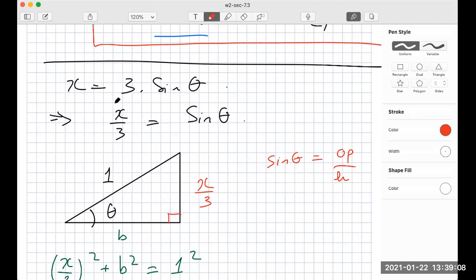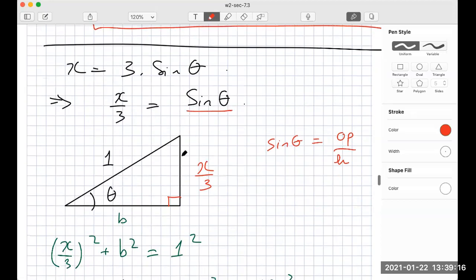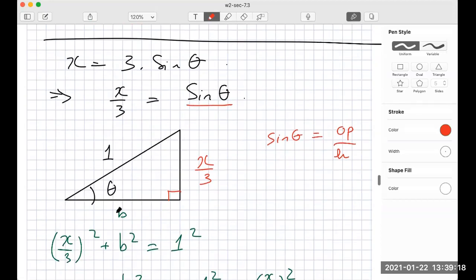Therefore, the relation between x and theta can be written as this one. We know that sine theta is x over 3. Suppose we have a special triangle whose hypotenuse is 1. Then sine theta is this angle, for example, and the length of this edge will be x over 3, because of this relation. Is it okay with this one?